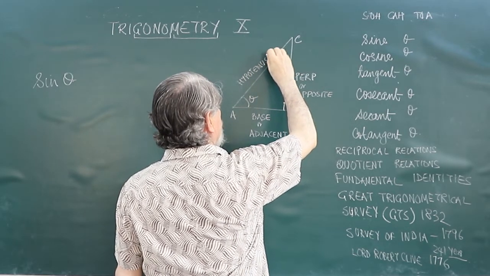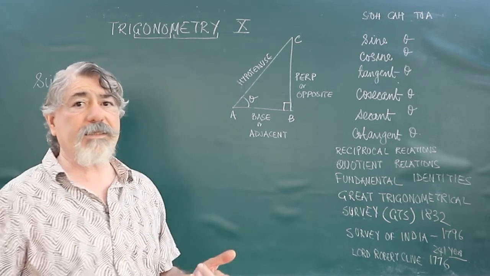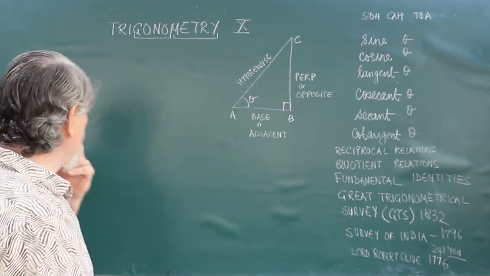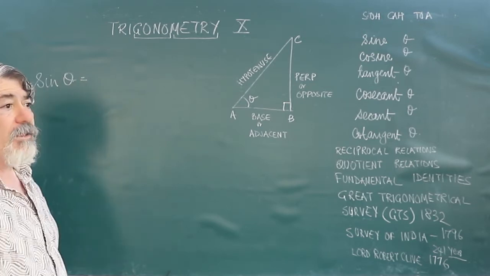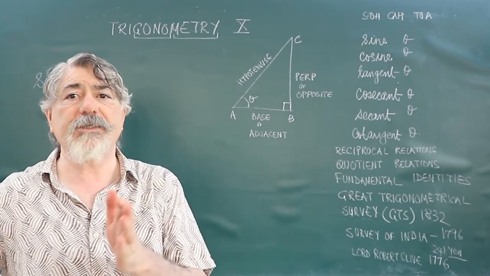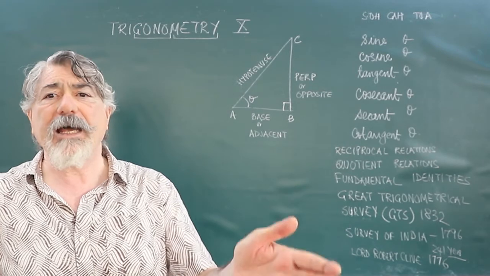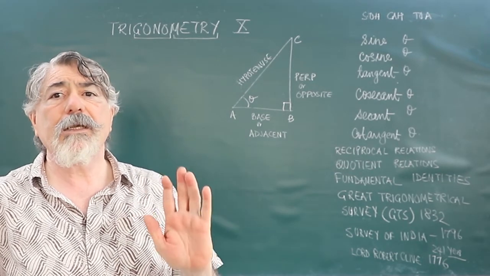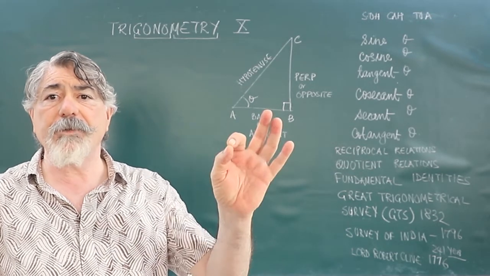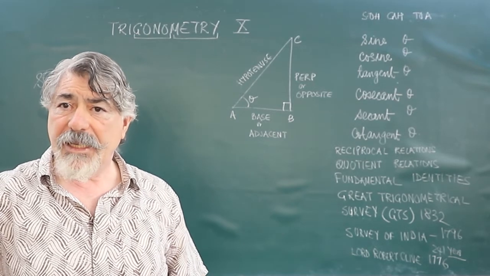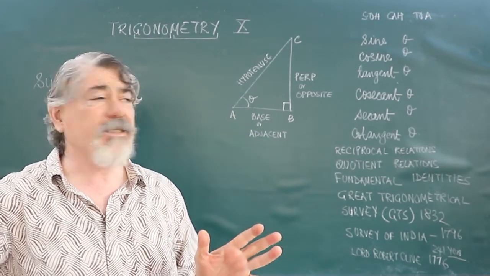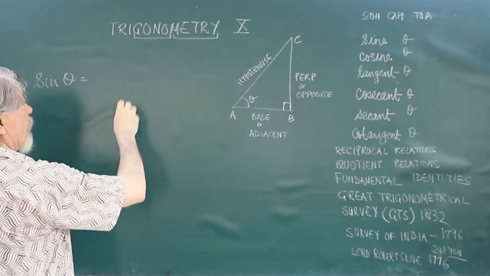So I have to calculate, suppose sine theta. Sine theta is what? Perpendicular upon hypotenuse. Pandit Badri Prasad, or some people have curly brown hair through proper brushing, where P represents perpendicular, H represents hypotenuse, so perpendicular upon hypotenuse.